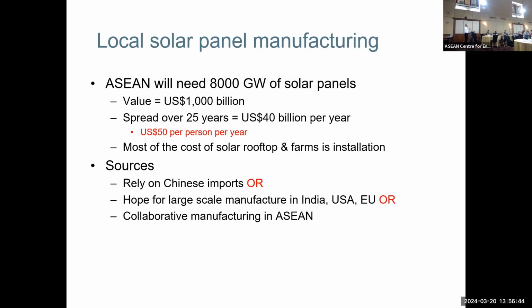And if China ever played that sort of game, then you would have highly motivated people in Europe, North America, India, and ASEAN who would say, never again, we're going to build our own solar manufacturing. But it's a government decision whether to decide that $1 trillion worth of panel purchases from China is tolerable, or are you going to manufacture yourself, or go into partnership with India, for example, to manufacture an ASEAN-India arrangement.